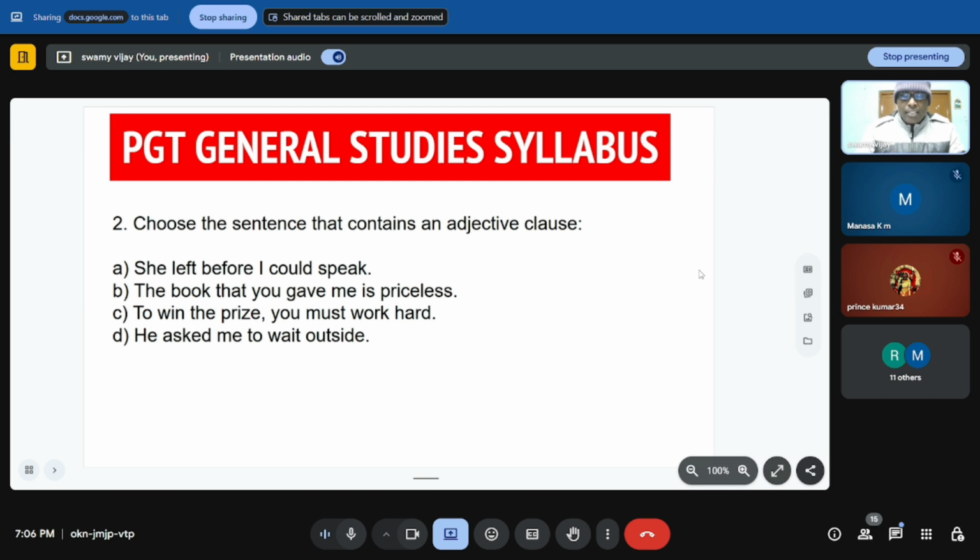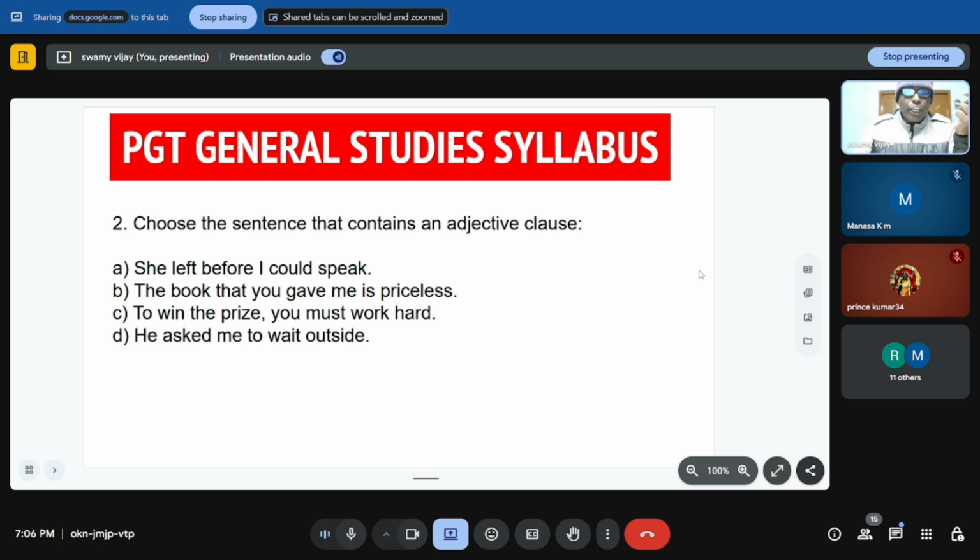Choose the sentence that contains an adjective clause. A noun clause means a group of words which acts as a noun. Now, which group of words in these 4 sentences acts as an adjective clause? The options are: She left before I could speak.